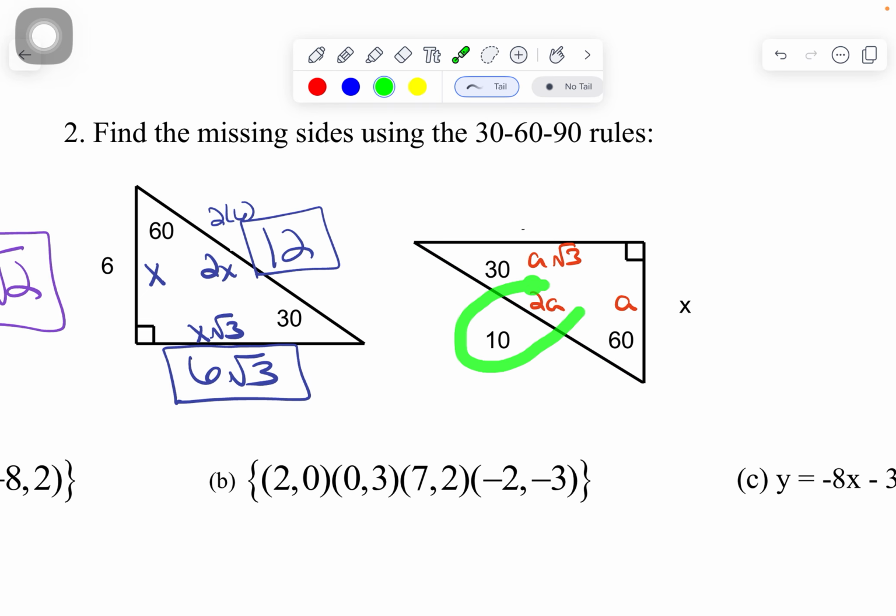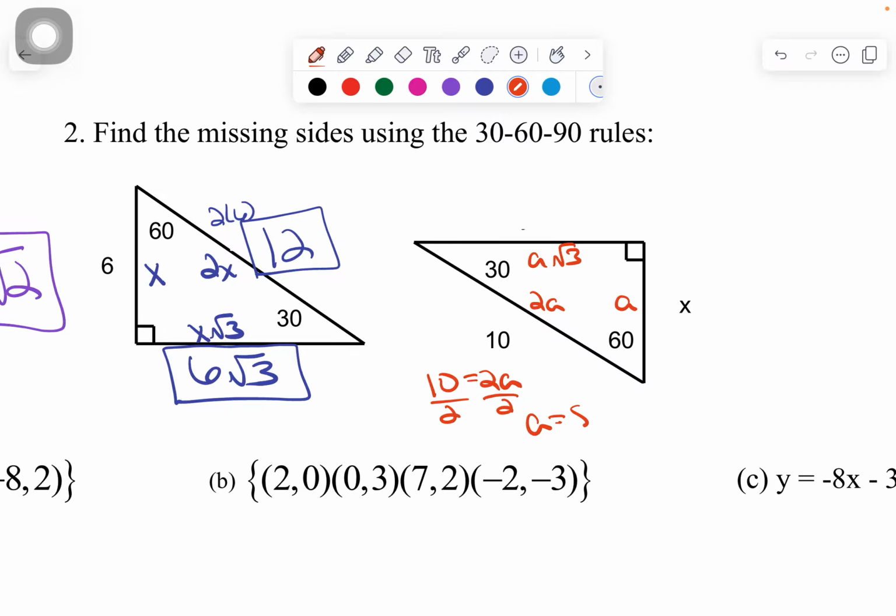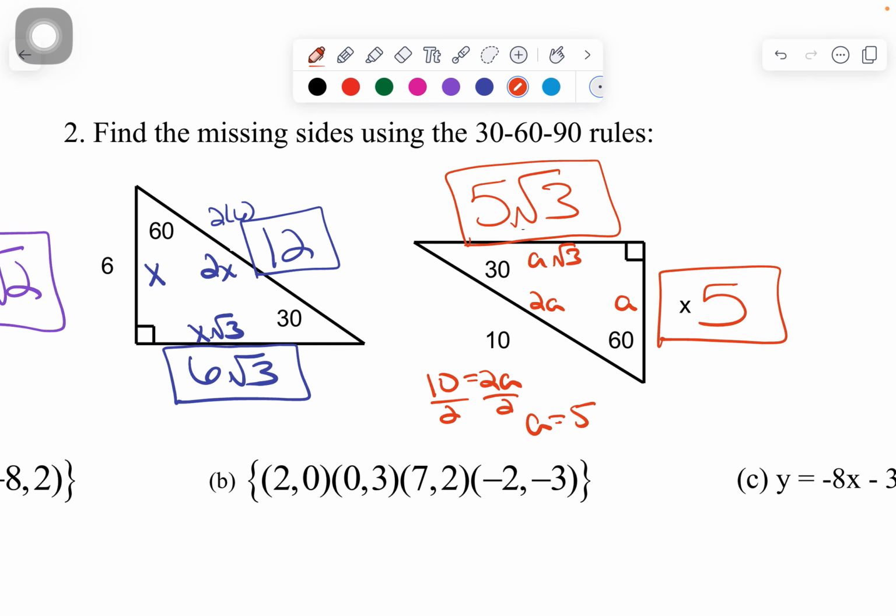So I know this information, right? I know 10 is equal to 2a. So that means I'm going to divide both sides by 2. A is equal to 5, which is this side. So there's my 5 there. And then where it says a root 3, we're going to go ahead and do 5 root 3. All right, so 30, 60, 90s, done.